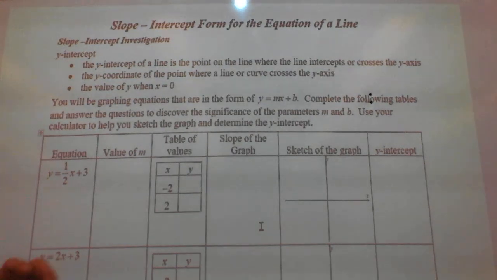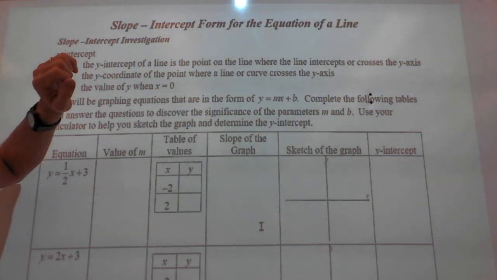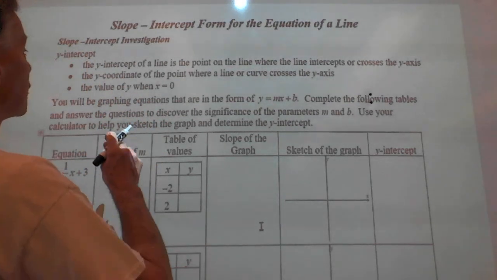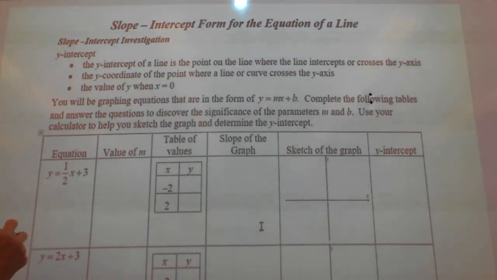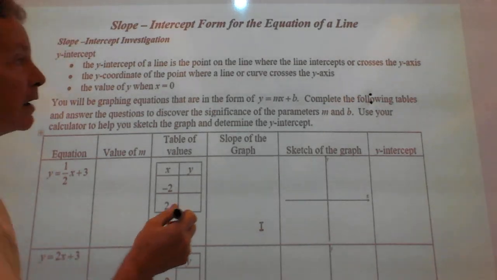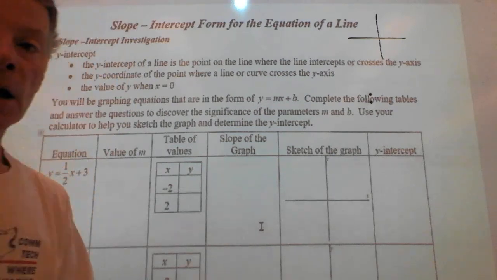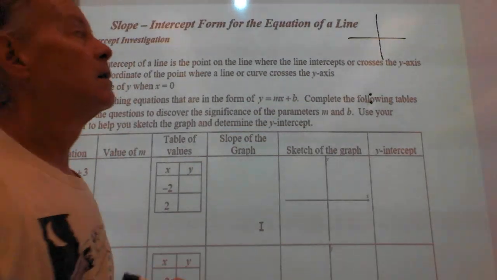Anyways, before we do that, we have to take a look at a couple of definitions. The first one is y-intercept. So if you take a look, you have a coordinate plane.